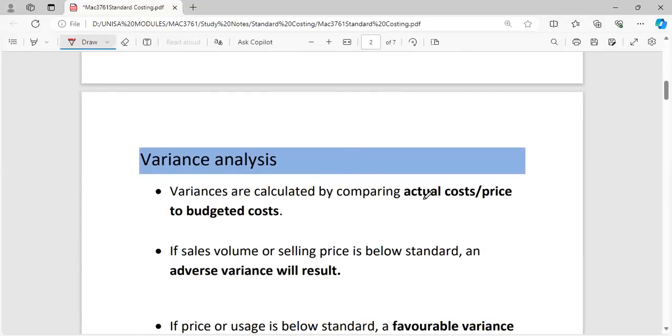Here is still a repeating of what we're saying. Variances are calculated. So when you are doing questions, what is the actual price and what is the budgeted cost or price? So you can now determine your variance here.